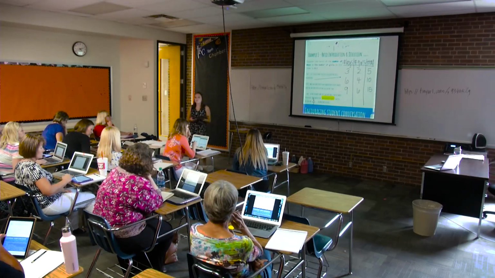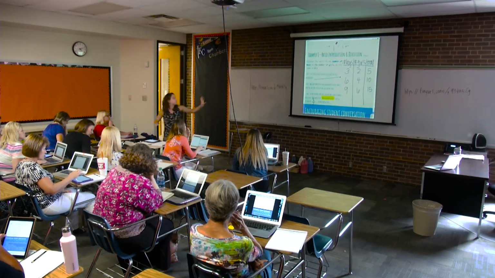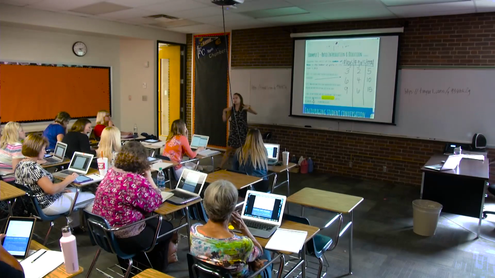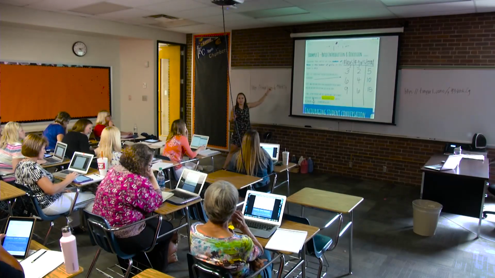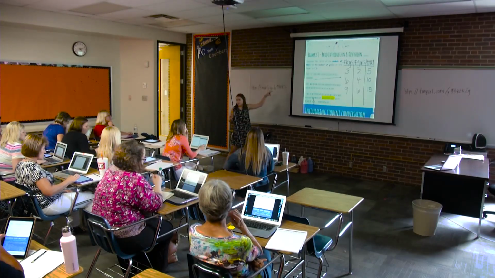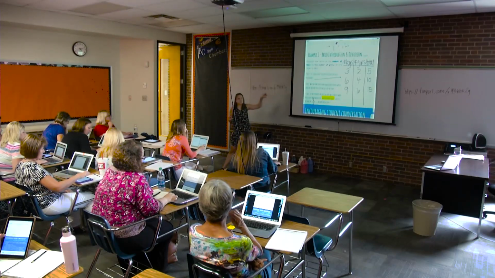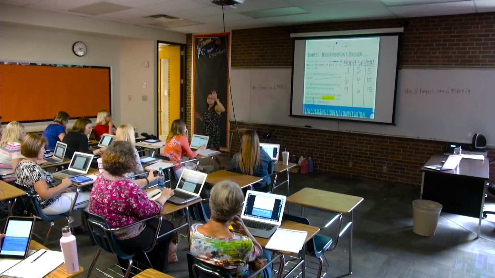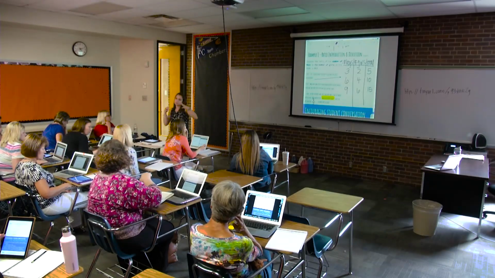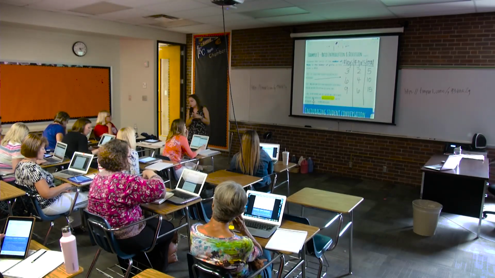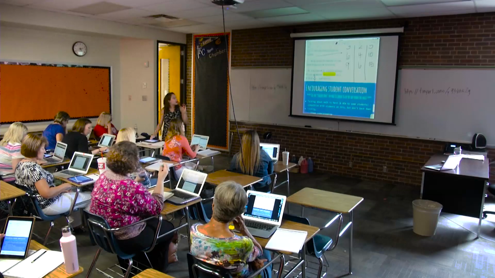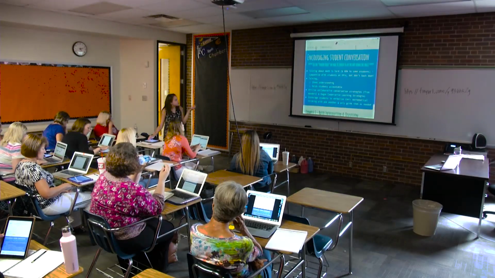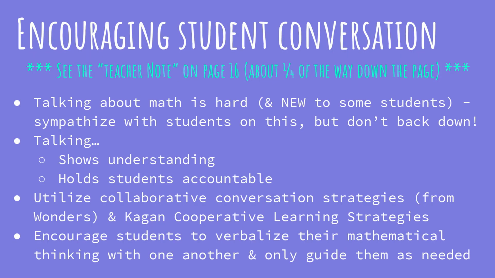So that's where, even though we're still in example 1 and we're still talking about ratios, we've added a little bit more complexity to this one. It's not quite as simple as having just 4 boys and 1 girl and saying there's 4 times as many boys as there are girls. So as you move through problems like this, encourage student conversation.